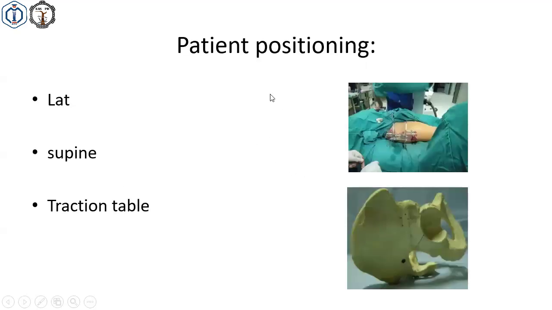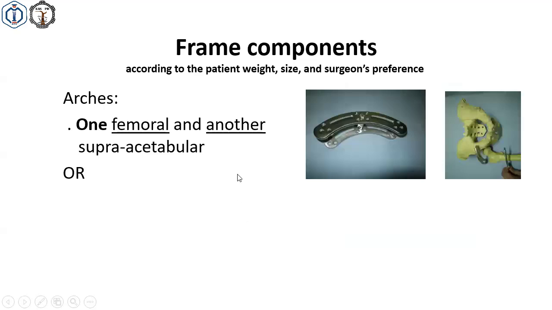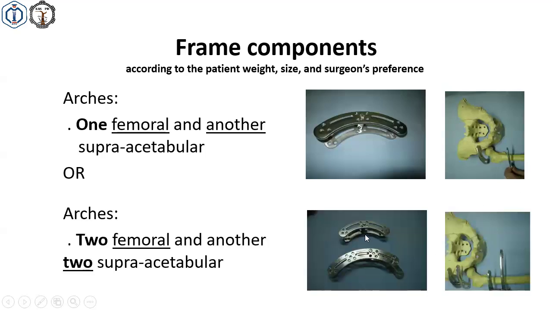The patient is positioned either on the lateral side or supine on the traction table or on the conventional orthopedic table. The arches are used, one femoral and one supra-acetabular, such as this, or two arches femoral and two arches supra-acetabular, and maybe pelvic also.